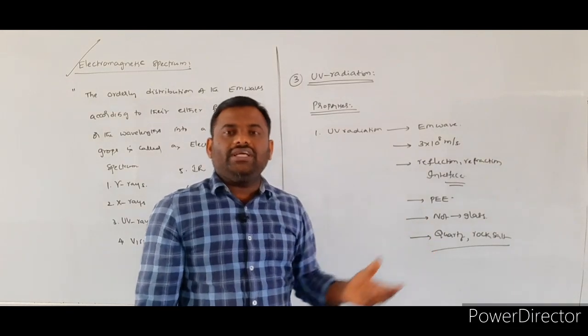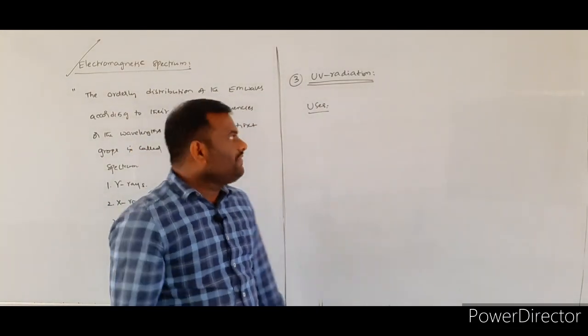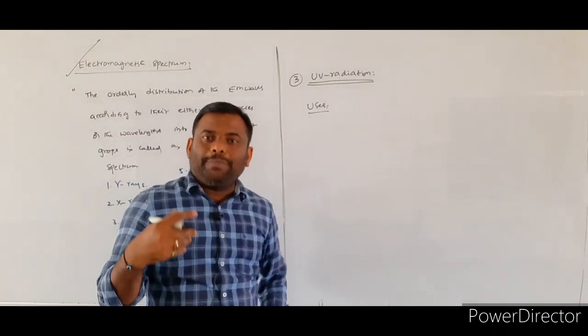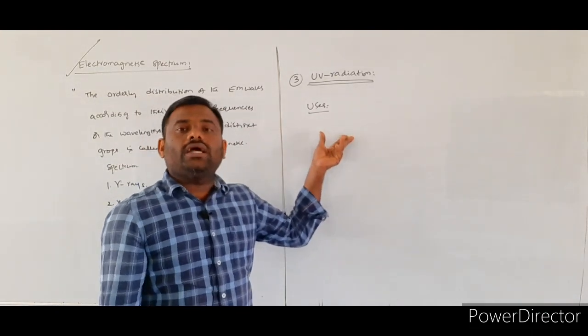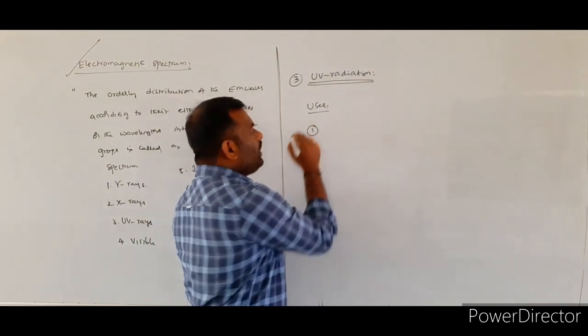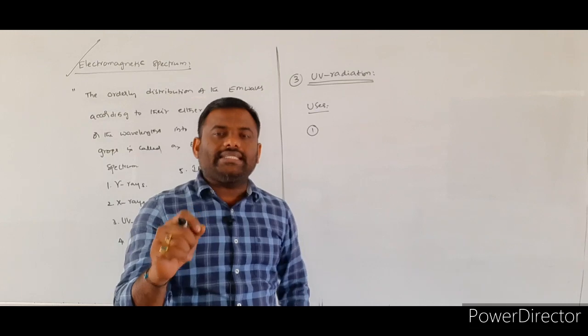These are the properties of the UV radiation. Next, we will see the uses or applications of the UV radiations. Where are we using the UV radiations frequently? The first one is to study crystal structures.